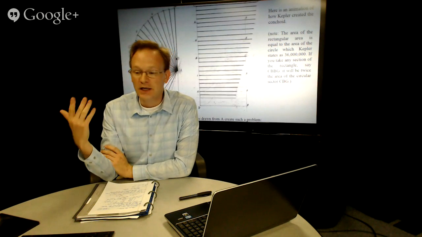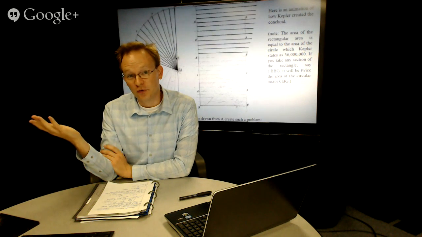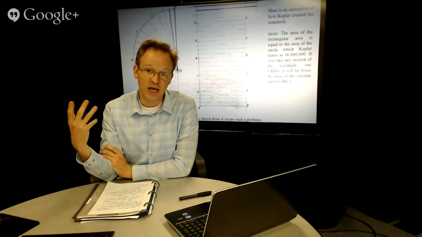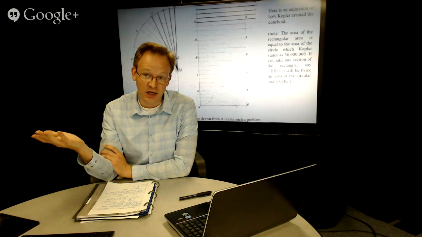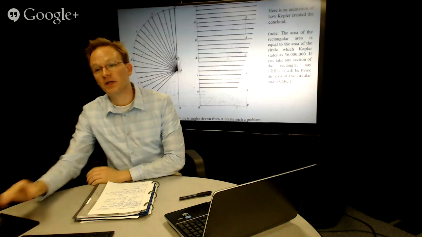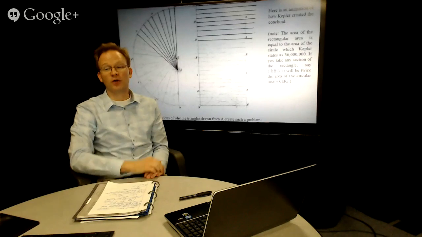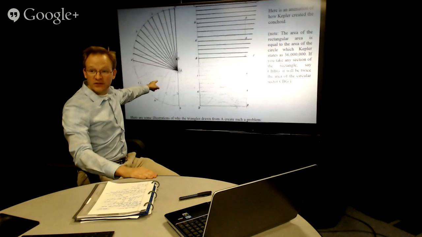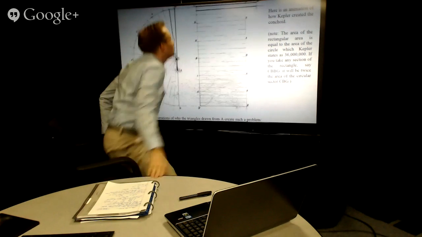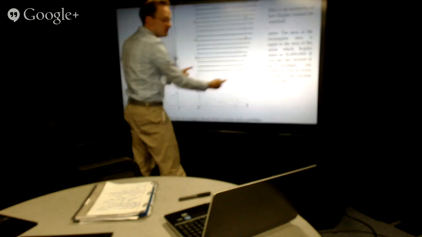So forget that. He says, well, maybe it's possible to use a geometric figure, an area, because an area can include an infinite number of lines. So he looks at the area that would be formed if we add up all of the different distances of the planet from the sun, and then arrange them in this shape that he calls the conchoid.